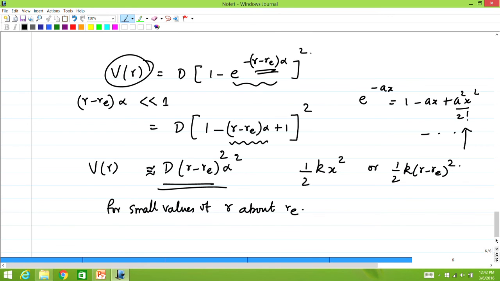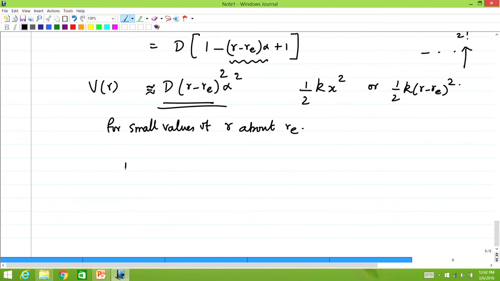So, what you have is D alpha square is equal to half k, and therefore, alpha is given as square root of k by 2D.